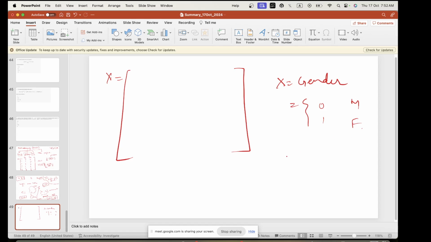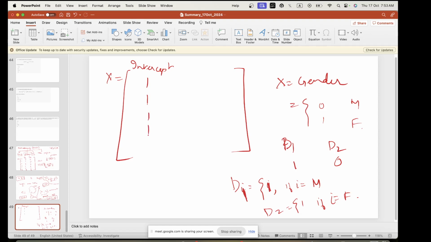Okay. So if we have two dummies, let's say d1 and d2, such that d1 equal to 1 if male, and d2 equal to 1 if female. So if I have something like this, let's say this is the intercept term 1 1 1 1 1, and this gender is now split into two columns, d1 and d2.